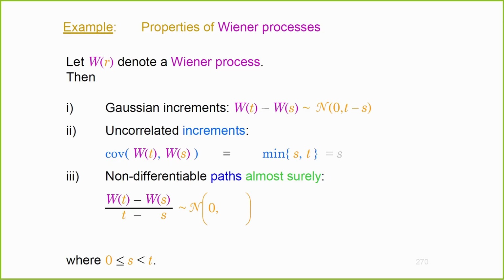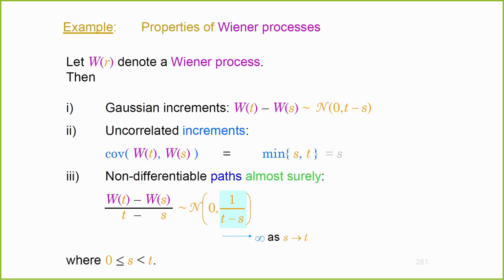of the increments is going to be t minus s, as you see, which is also multiplied by 1 by t minus s, which should be squared after all. So t minus s by the square of t minus s is going to yield 1 by t minus s, as you can see. And this is finally the variance of this expression. And this tends to infinity as s tends to t.